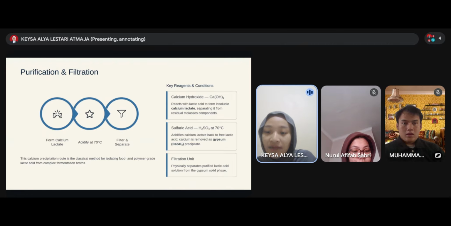Next, acidification is carried out at around 70 degrees Celsius using sulfuric acid. In this step, calcium lactate is converted back into free lactic acid, while calcium precipitates as gypsum. Finally, filtration is performed to separate the liquid acid from the solid gypsum.